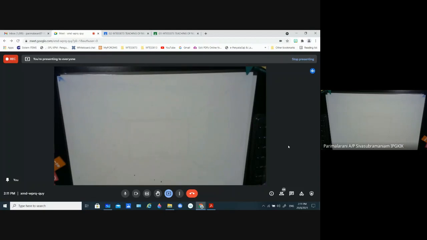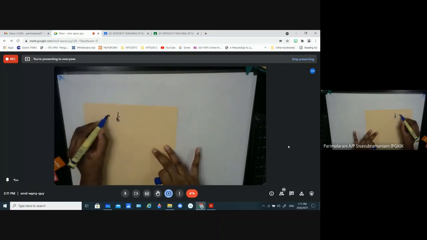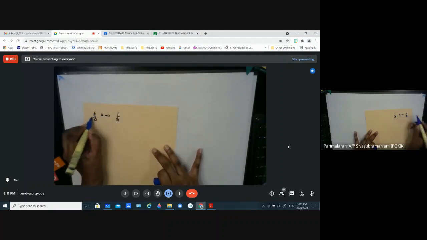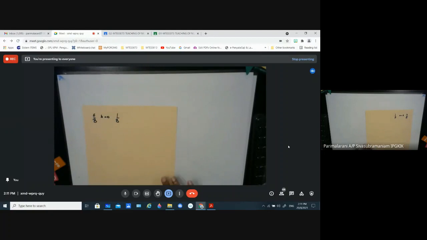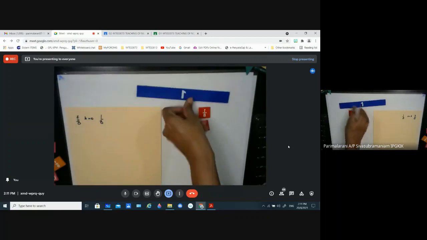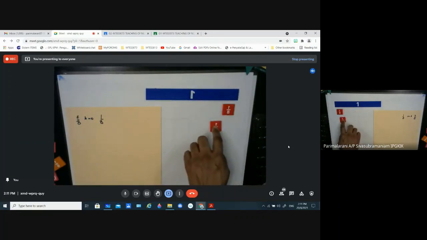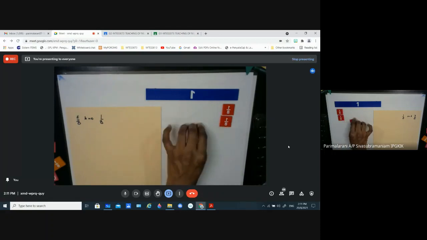For example, say you have 1/8 and 3/8. Which is bigger? So we show them 1/8. When you're dealing with fraction strips or fraction tiles, you must always show them the 1. So we have 1/8 and we have 3/8.